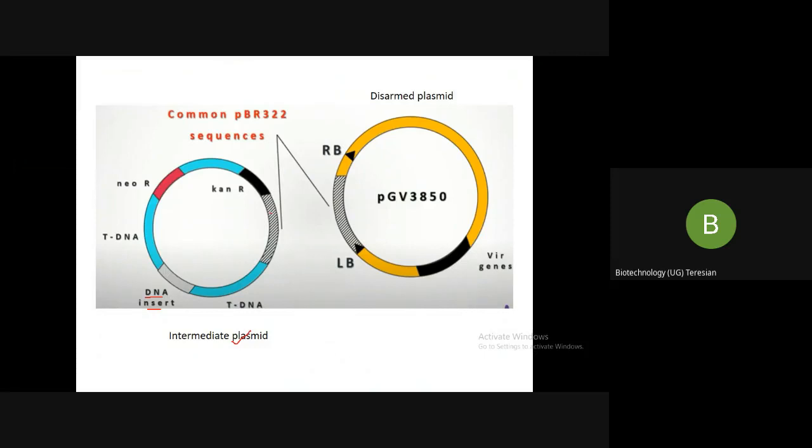Look at this region. These two regions appear to be similar, and this region is common between your intermediate and your disarmed plasmid. And this region is picked up from your pBR322 sequence, that is, from the E. coli plasmid.